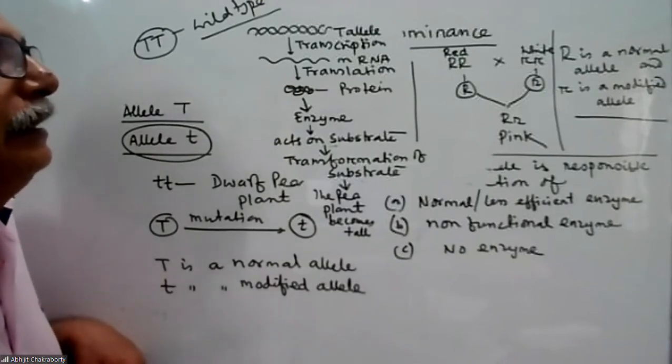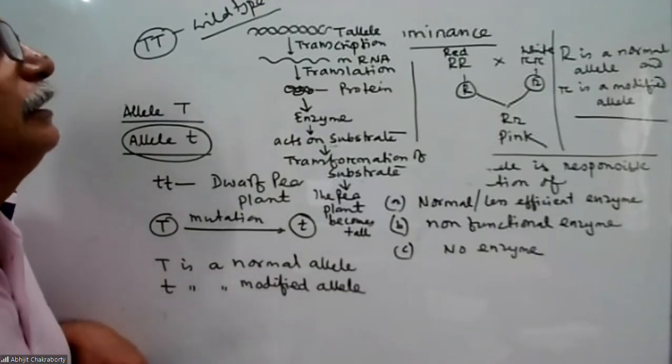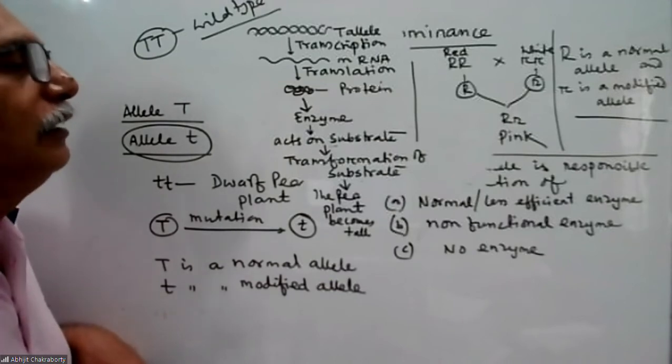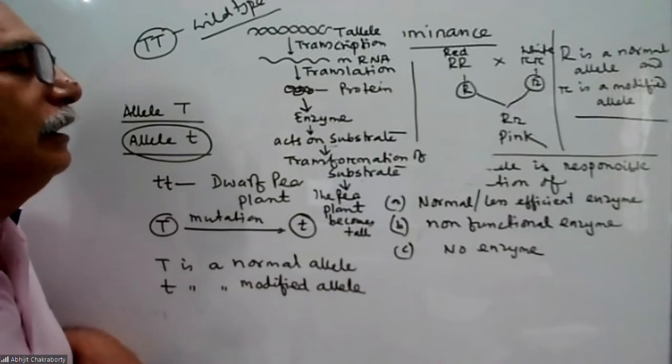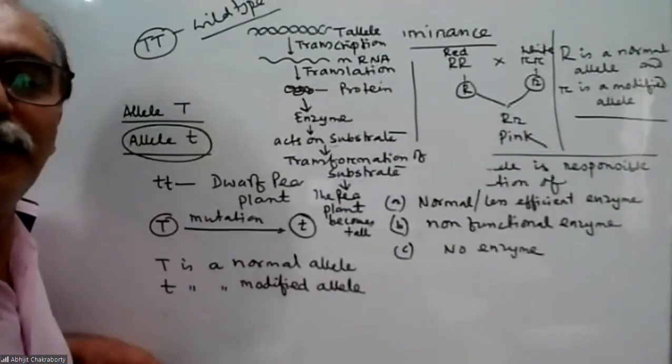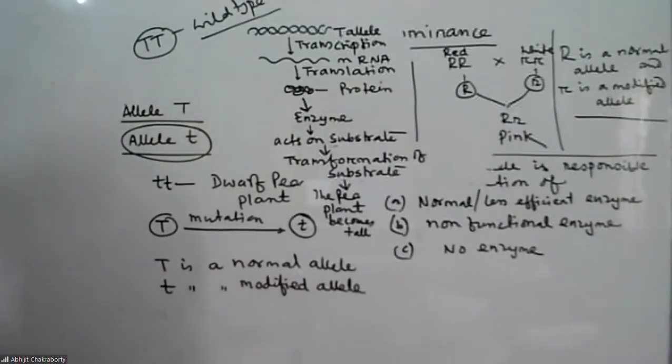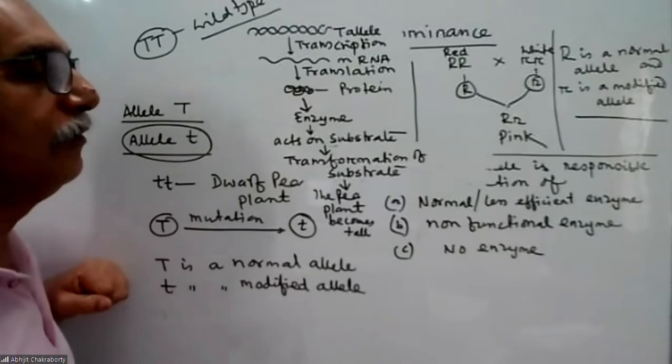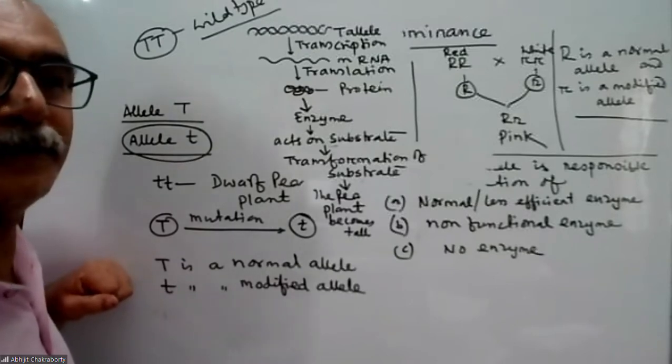T allele undergoes transcription, mRNA undergoes translation, protein forms enzyme, enzyme acts on substrate, leading to the transformation of substrate, and the P plant becomes tall. Are you getting me now? Clear?